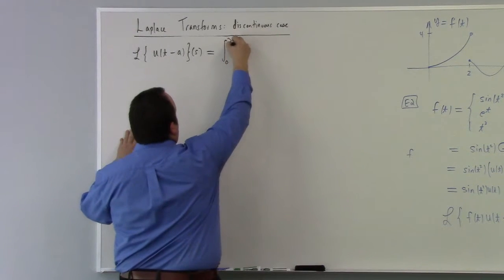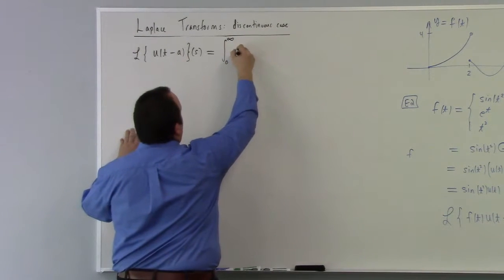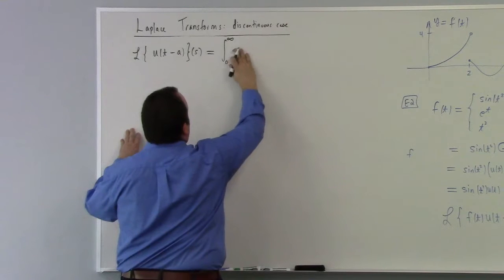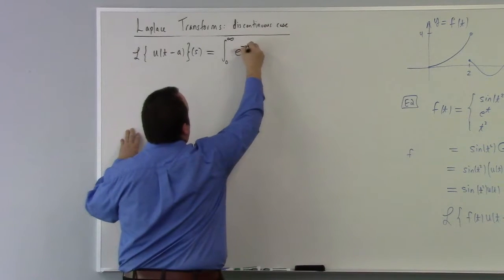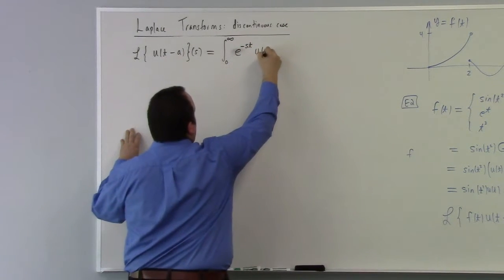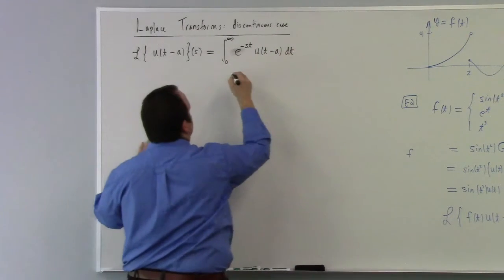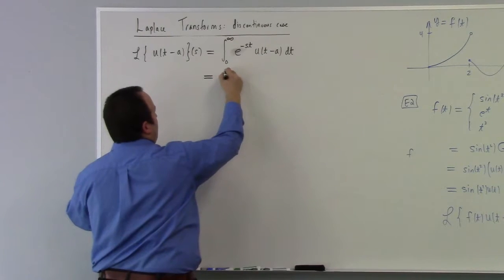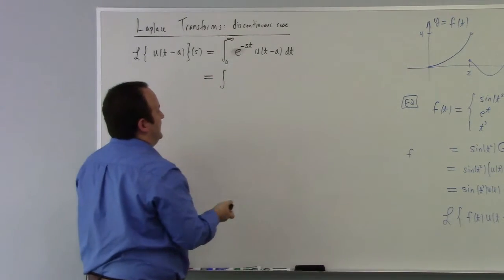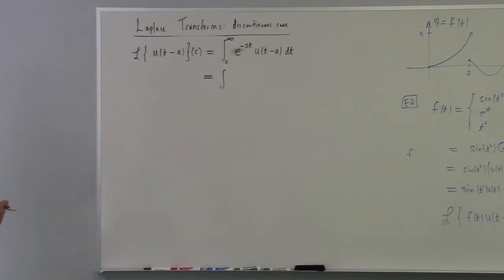So we have the integral from 0 to infinity. I usually write the exponential first: e to the minus st, u of t minus a, dt. The cool thing about this unit step function is it's really kind of boring. It's 0 until time a, and then it's just 1.